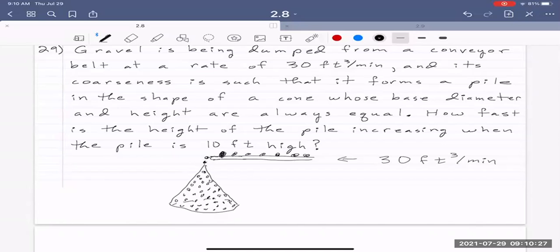What that means is that the volume of the cone will be increasing by 30 cubic feet per minute.